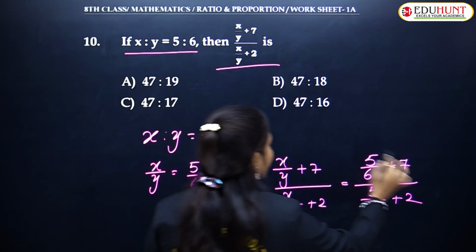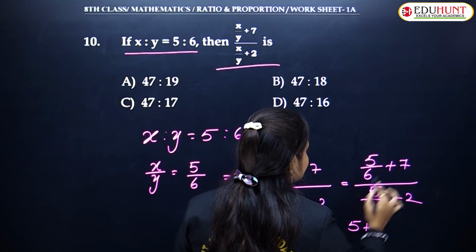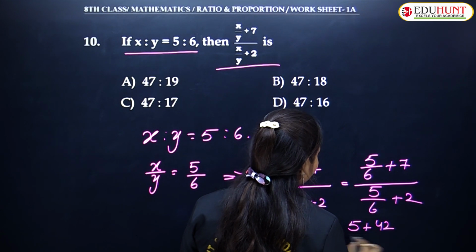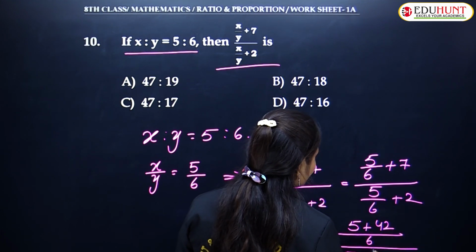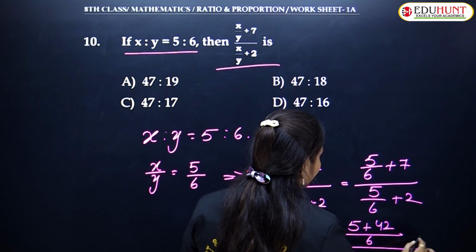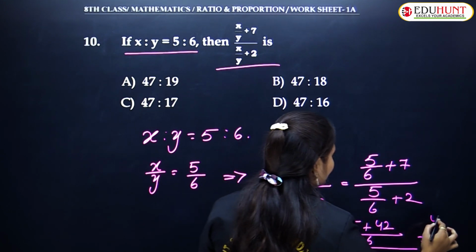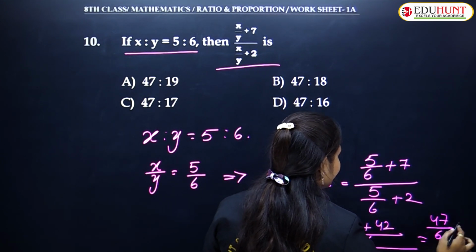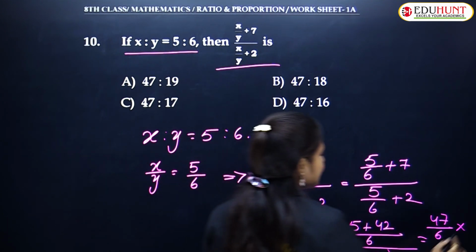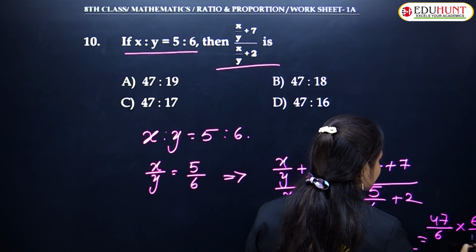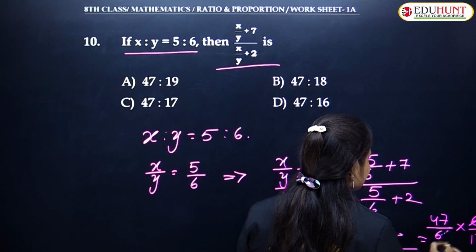Okay, so 5 plus 7 sixes are 42, by 6, whole by 5 plus 6 twos are 12, by 6, which equals 5 plus 42, 47 by 6 into just the reciprocal of this one, 12 plus 5, 17 by 6, which equals 6 by 17. 6 and 6 get cancelled.